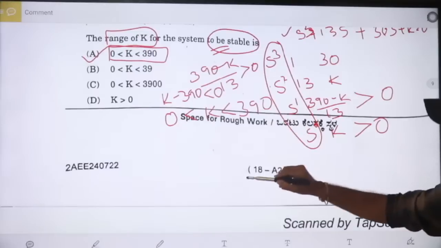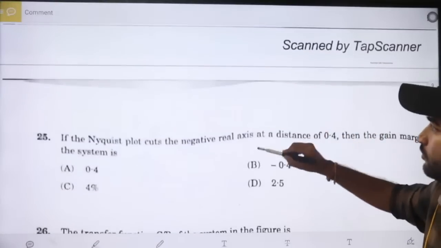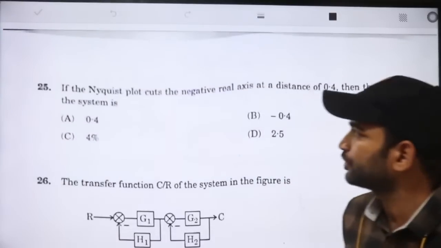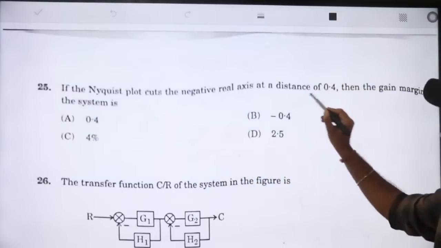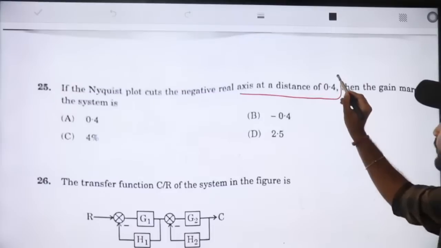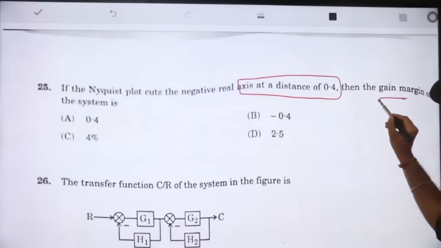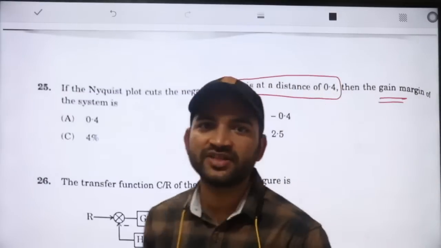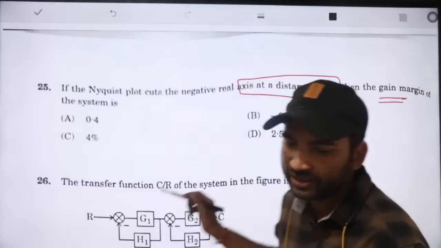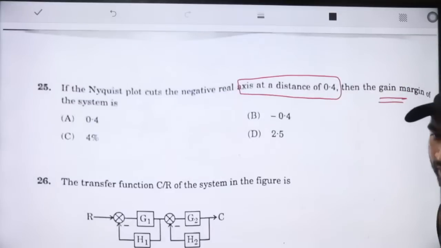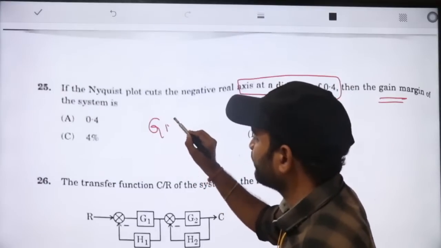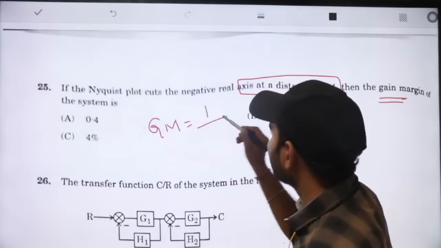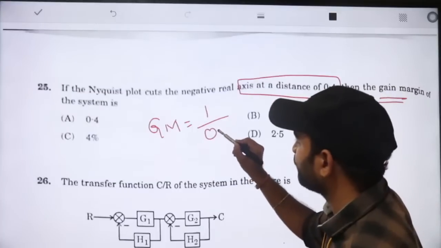Next one. Here in the Nyquist plot, the plot crosses the negative real axis at a distance of 0.4, and you need to find out the gain margin of the system. The gain margin equals 1 by the magnitude of the distance, which is 0.4.